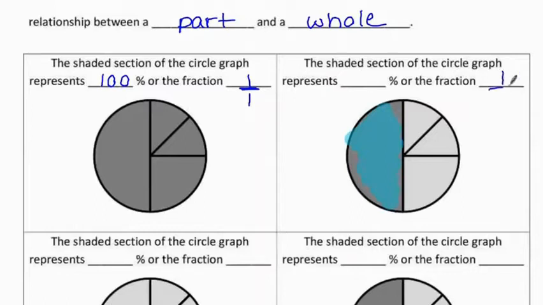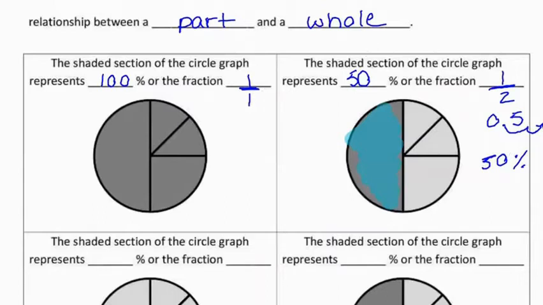You could say 1/2 is the fraction, or you could also say it's 50%. If you do the long division, 1/2 is 0.5. Move the decimal to become a percent, and it becomes 50%.